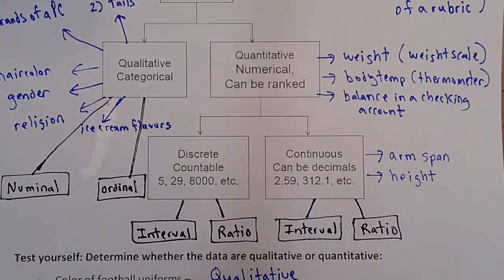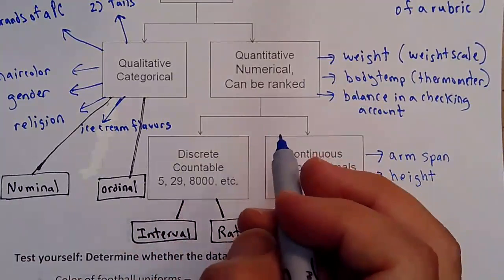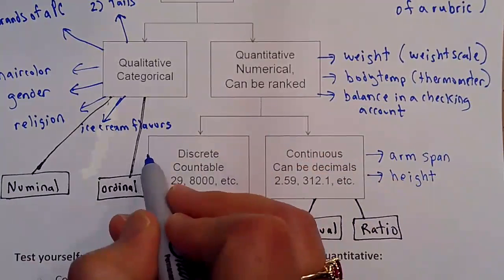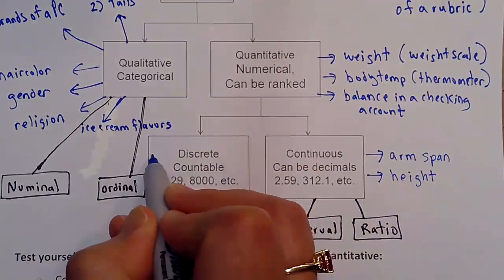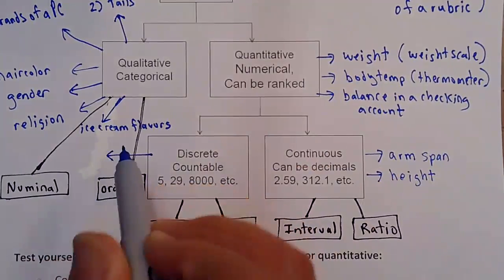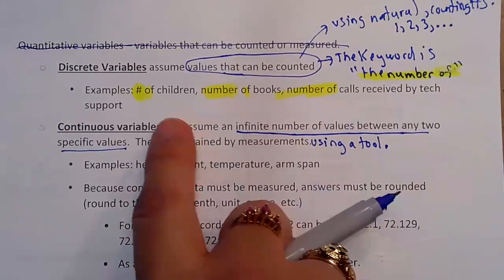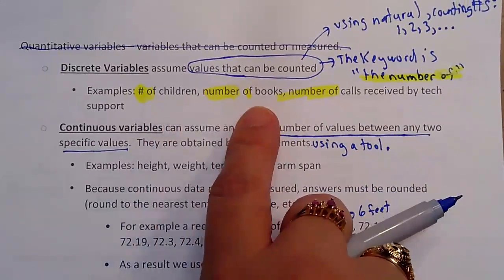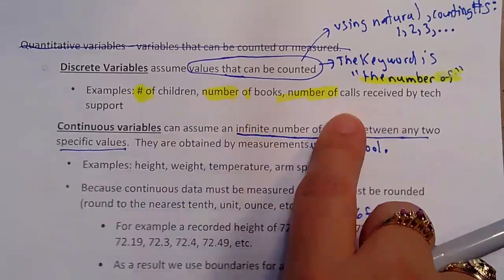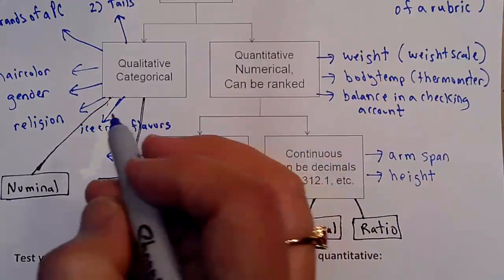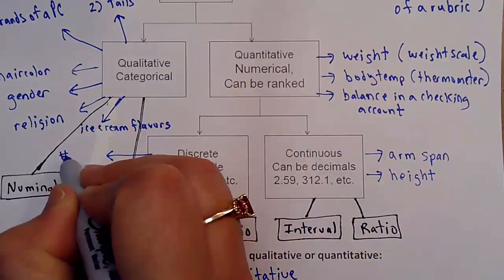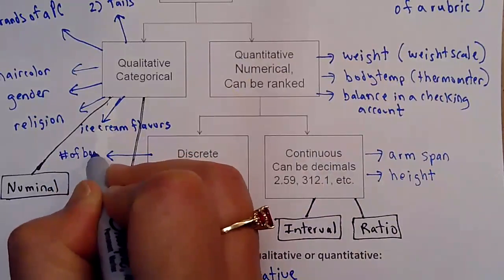Okay, and then under discrete, let's see, where do I put it? Maybe here, discrete. And remember, discrete are the ones that have the keywords: number of children, number of books, number of calls. So number of books.